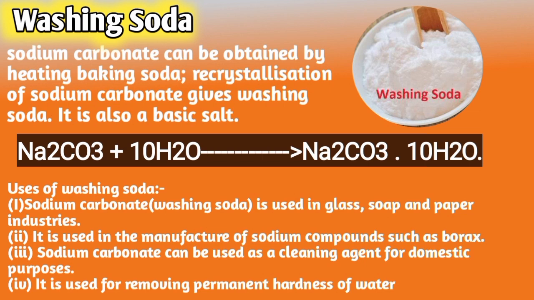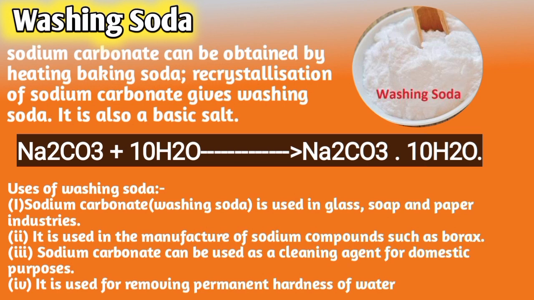And uses of washing soda. Sodium carbonate is used in glass manufacturing, soap and paper industries. It is used in the manufacture of sodium compounds such as borax, and in glass preparation. It is also used for removing permanent hardness of water.